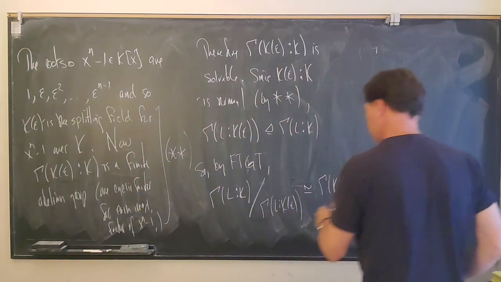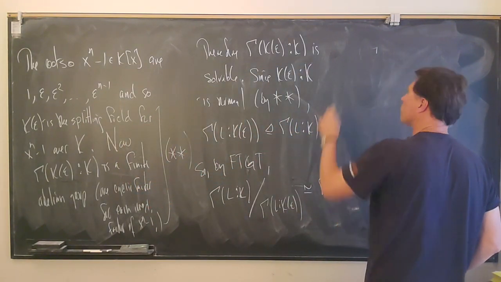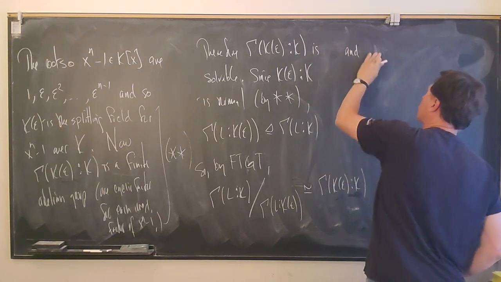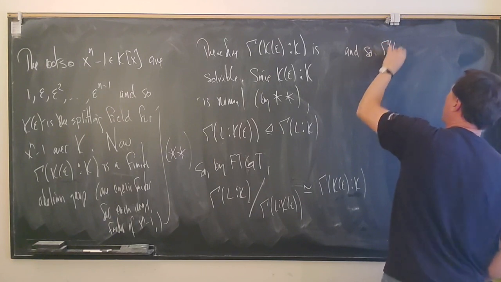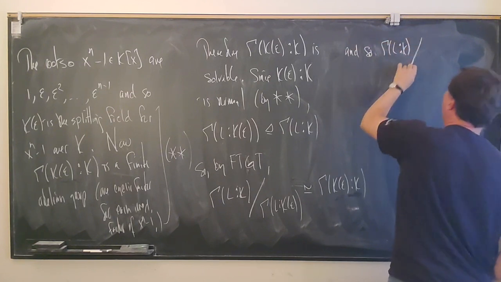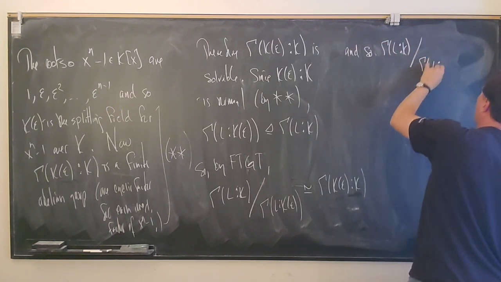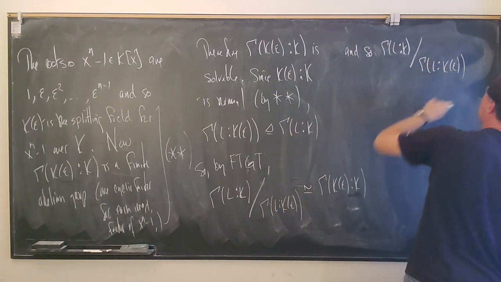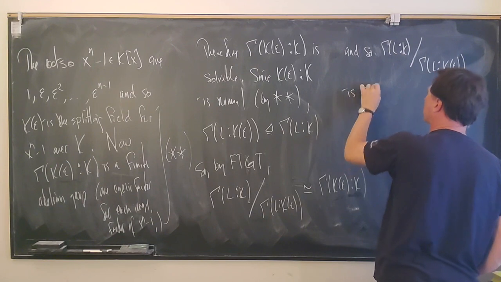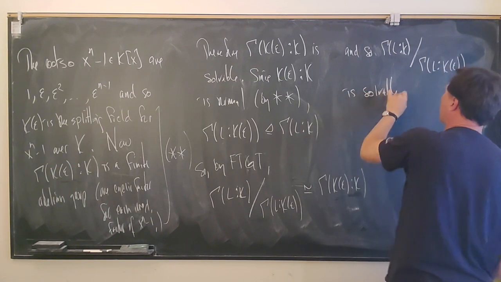And so our quotient gamma of L over K mod gamma of L over K adjoin epsilon is solvable.